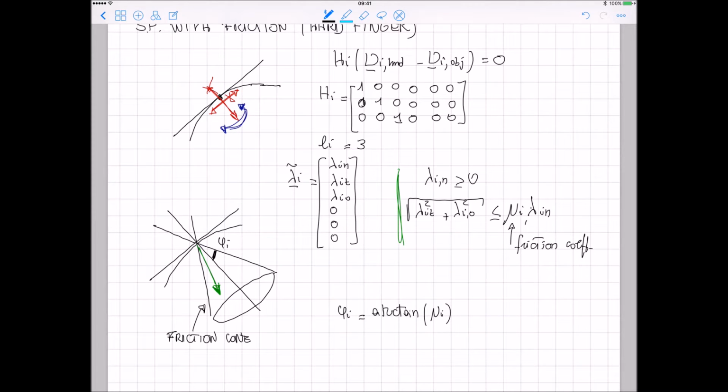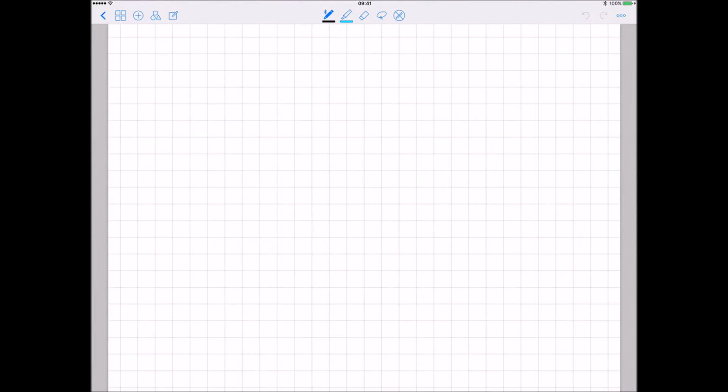And yeah, that's it. Okay, the last contact model that we consider is the soft finger. So let's again draw the finger, the object, the contact. And in this case, since the surface is soft, locally we get a deformation.